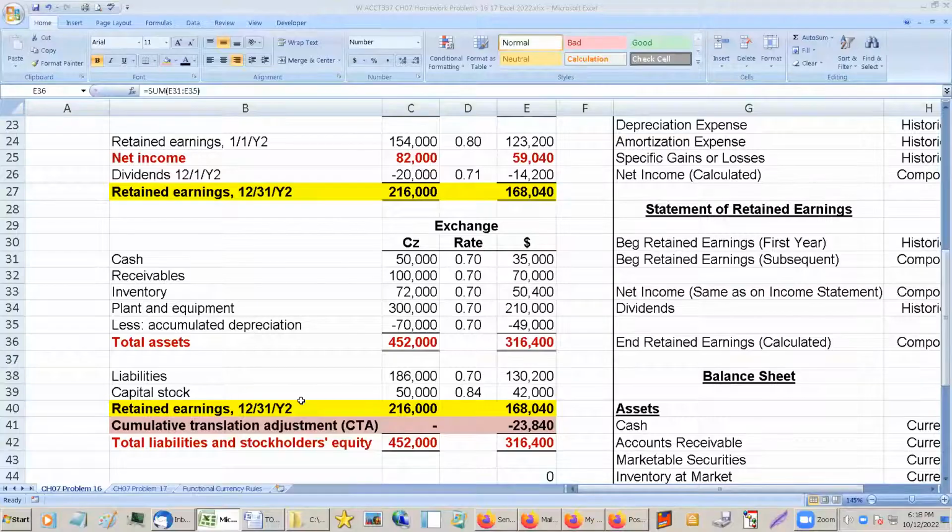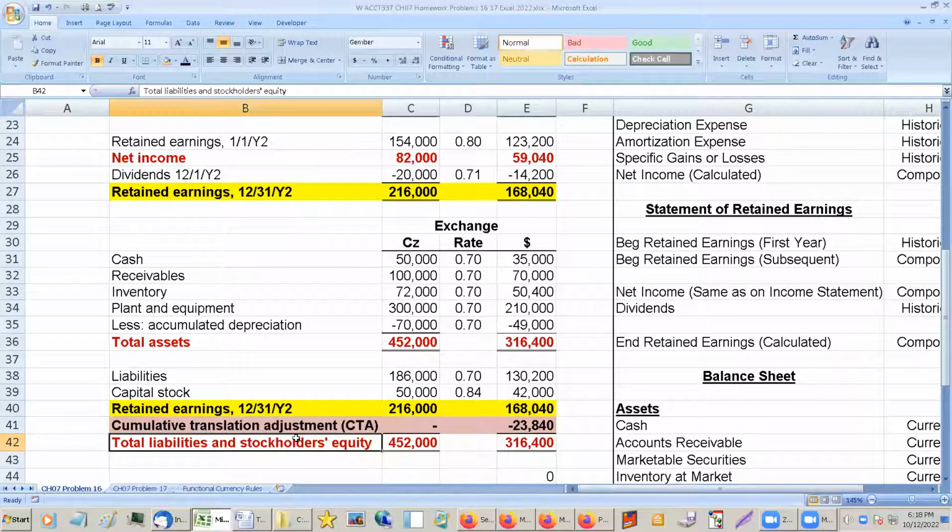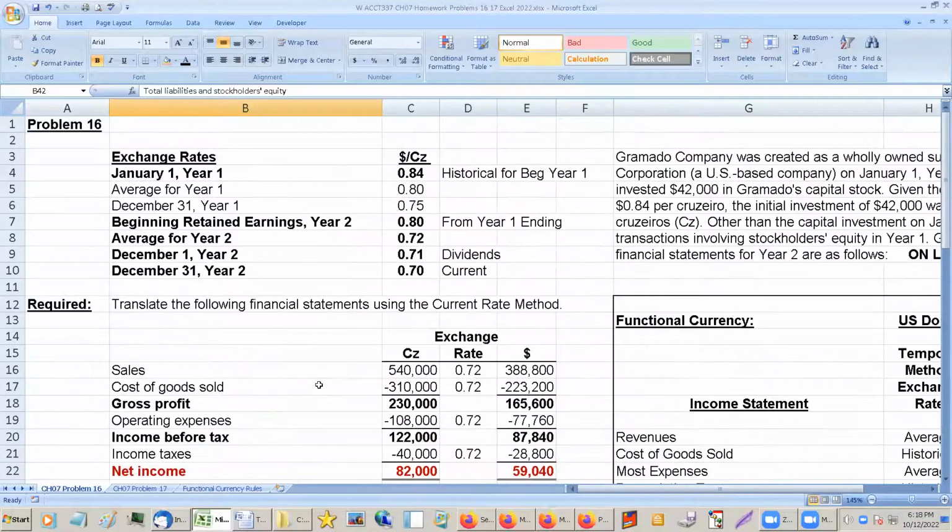So with that consolidating journal entry, first you turn it into US standards, then you translate it, it comes in, you do the consolidating entry, run your financial statements. After your financial statements are run, you reverse out the consolidating entry, and then you start back up as if nothing happened. So that's problem 16.